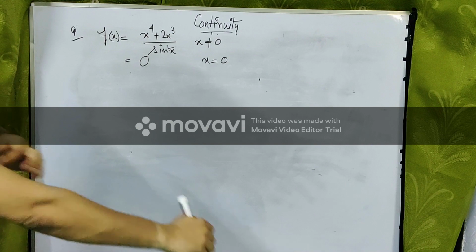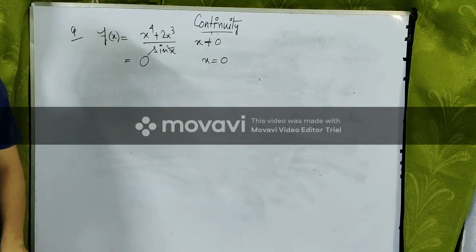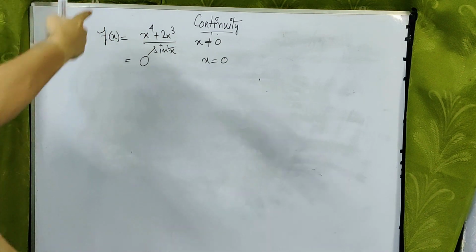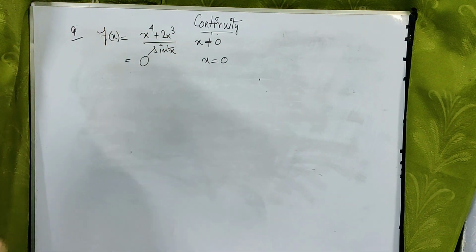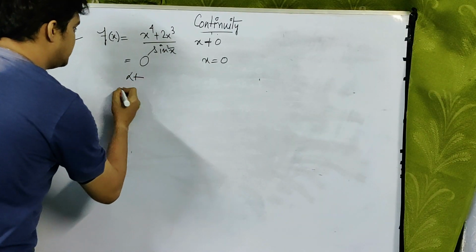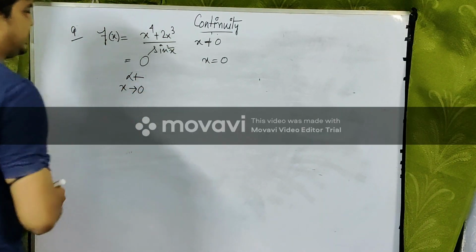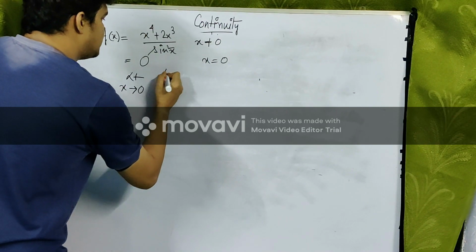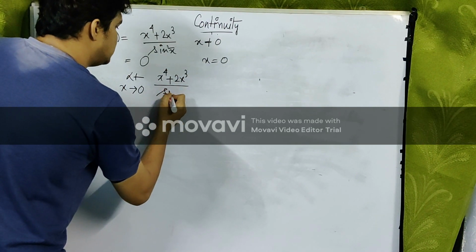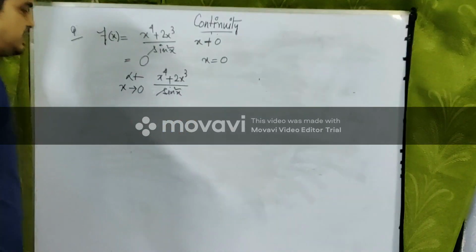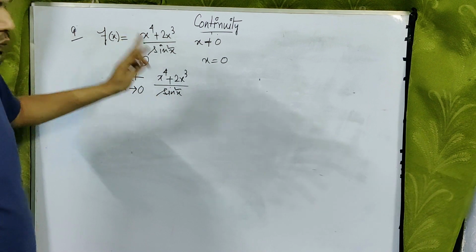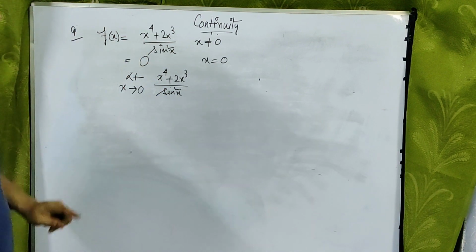Because here it is given x not equal to 0, that means x can be less than 0 or x can be greater than 0. So from there we can say we just have to find the limit value for this function for both the cases, when x is less than 0 and when x is greater than 0. So limit x tending to 0, x to the power 4 plus 2x cube by sine square x. Because in the denominator we have sine square x, we have to divide the numerator and the denominator by x square.